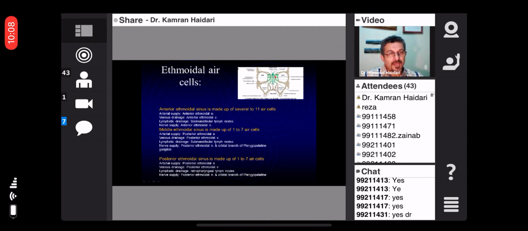And this is the cribriform plate of the ethmoid. It forms the roof of each nasal cavity.